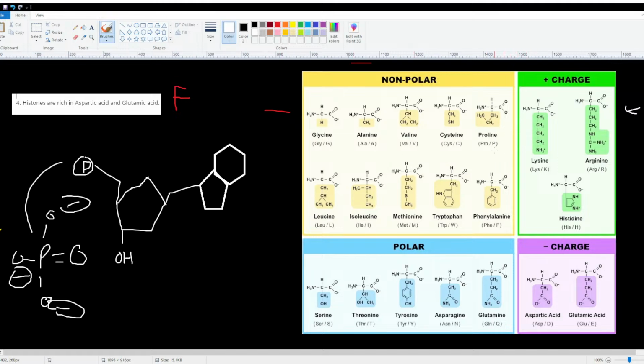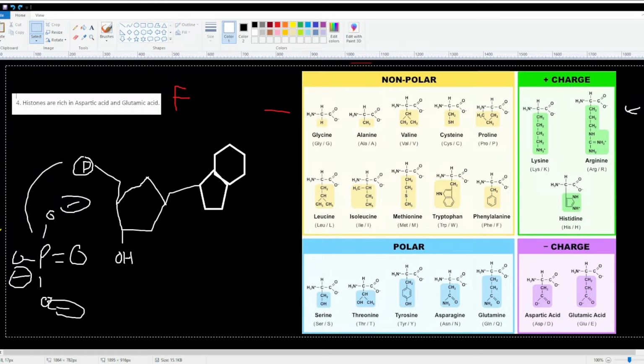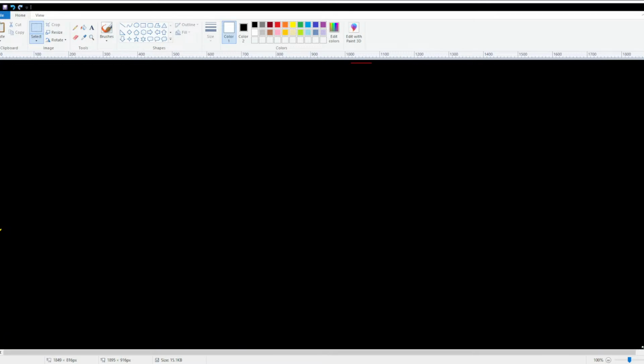What they're not going to be rich in is aspartic acid and glutamic acid because those are going to be negative. So the answer to number 4 will be false. So for that one, you have to understand what histones are. I hope we know that. If not, basically histones are just what keep together DNA.